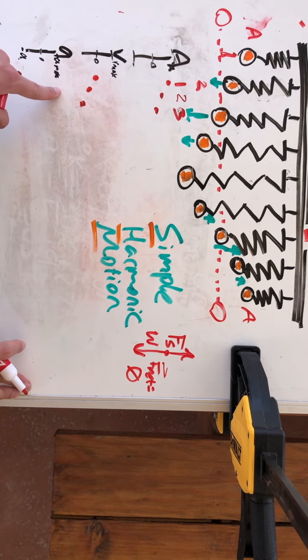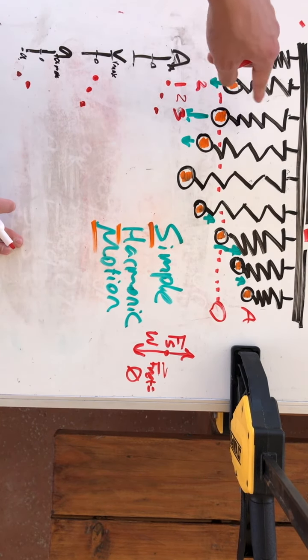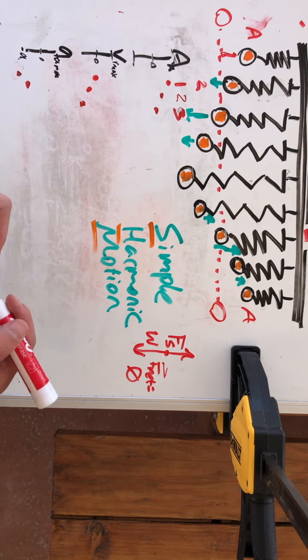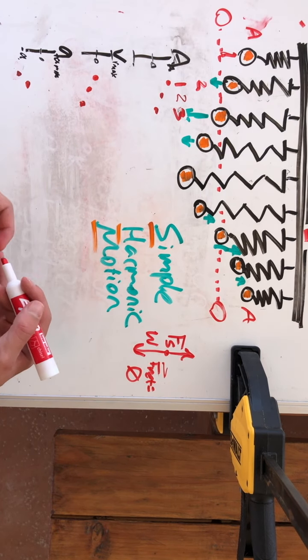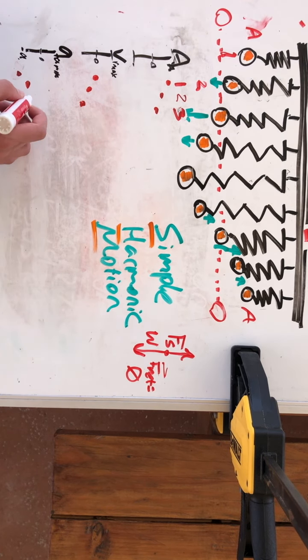All right, so we have reached V max. And then for acceleration, at this point, the spring has fully pushed the ball, or pushed the mass. So our acceleration is actually going to be 0 at point 3. All right, so I'll go ahead and mark that with 0.0.